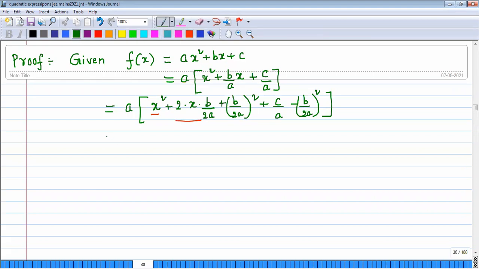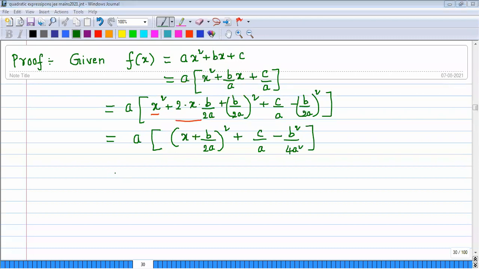So we can write this equals a times x plus b by 2a whole square plus, here, c upon a minus b square upon 4a square.